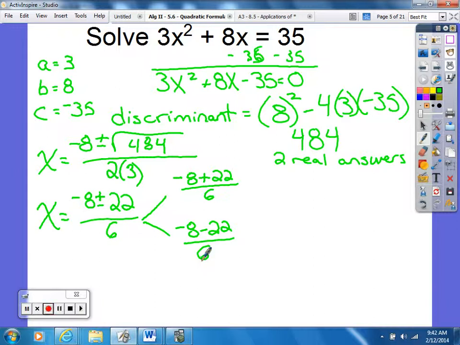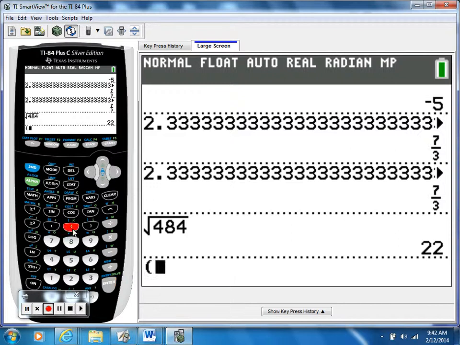Now we're going to type this in our calculator, but the thing is, our calculator's stupid. It has to have those parentheses if you want to type it all in at once. So if you want to do it in 2 steps, you can do that. So let's type in the top one. Negative 8 plus 22 parentheses. Oops, too many 2's for me.